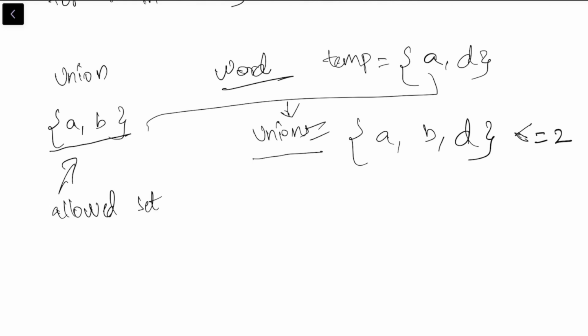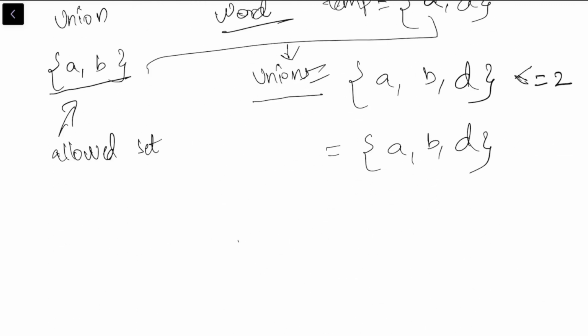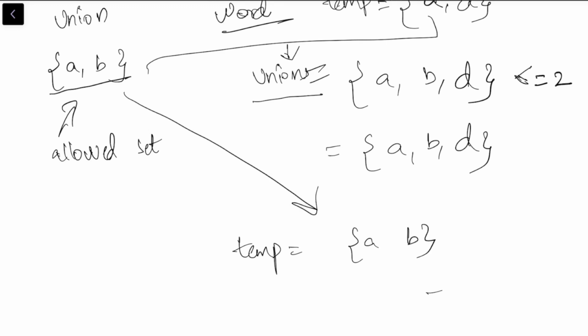If suppose it is BD, then you'll see A, B, D as the union result. If it is AAAB, then temp would be AB and the union of these two will be AB. There is no new letter getting added.